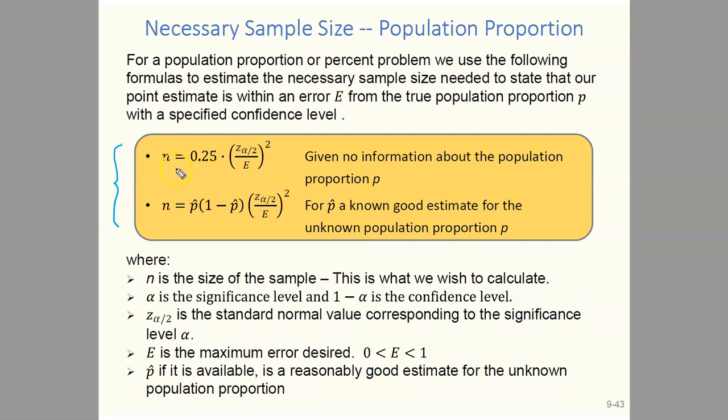For the first formula, 0.25 times Z alpha over 2 divided by E squared, we use this formula when we're given no information about the population proportion P.